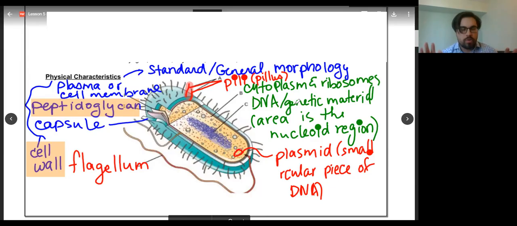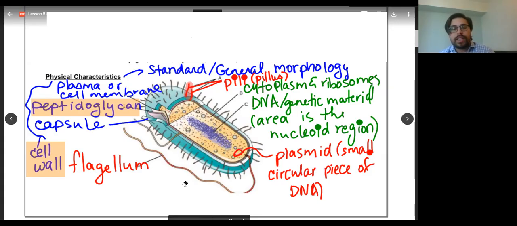The entire bacterial cell is considered to be the nucleoid region where DNA can exist. On top of the DNA that belongs to the cell, we have what are called plasmids, which are small circular pieces of DNA that exist within the bacteria and may or may not originally be part of its genome. I'll talk more about that when we talk about bacteria reproducing.